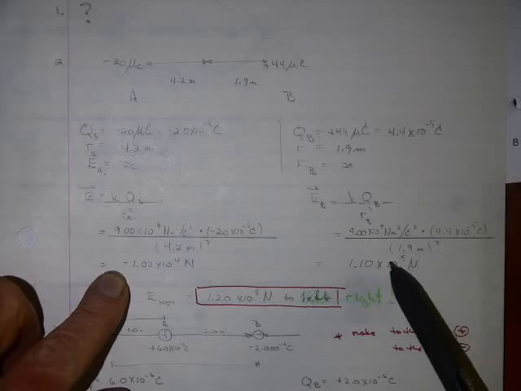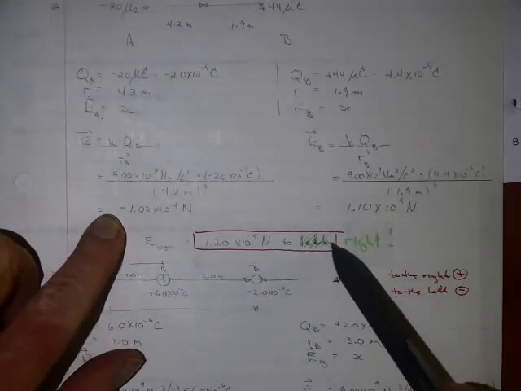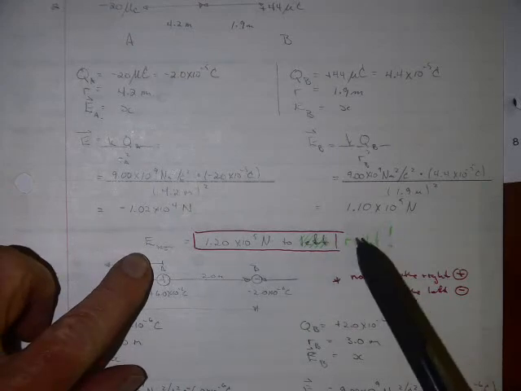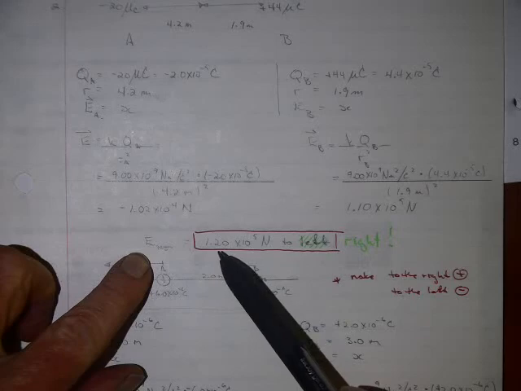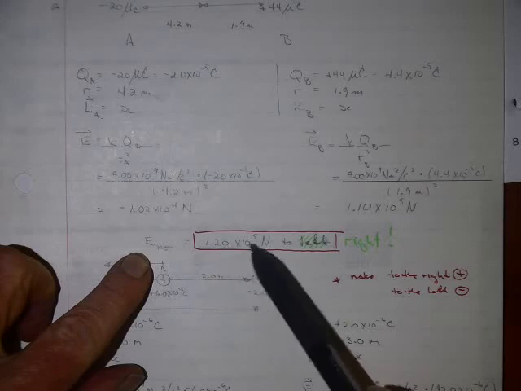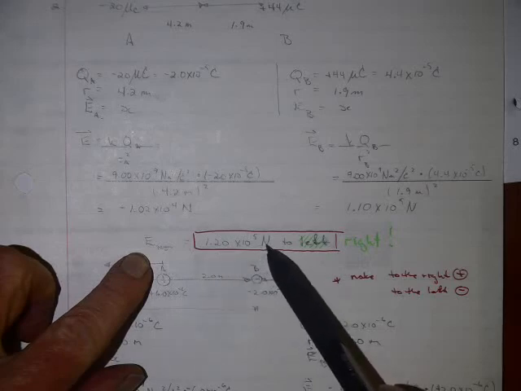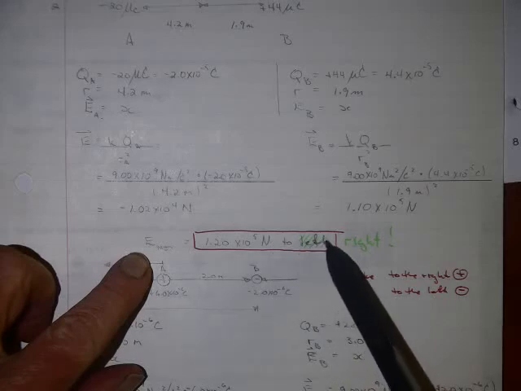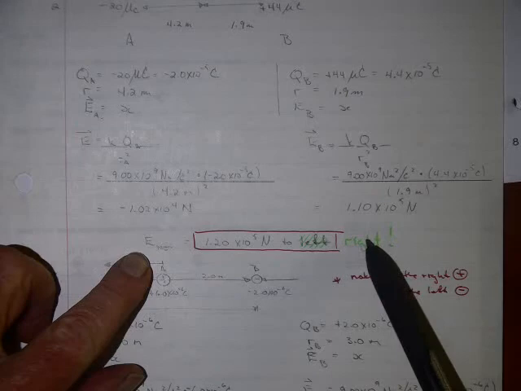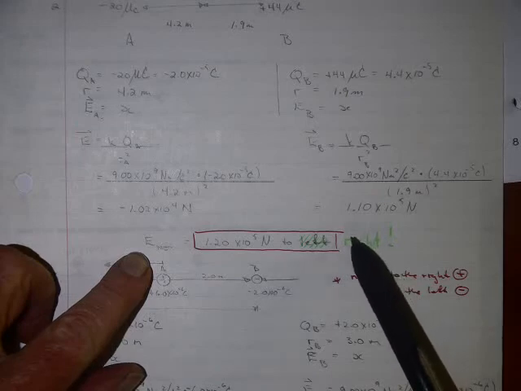So the net is 1.2 times 10 to the 5 newtons. For some reason I had left there, and I could scratch it, to the right.